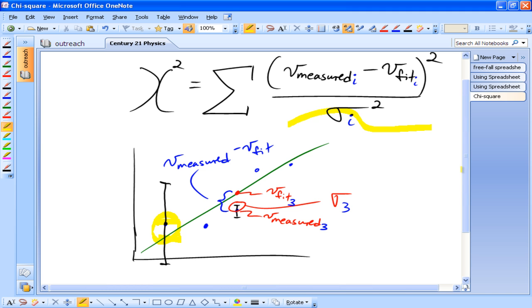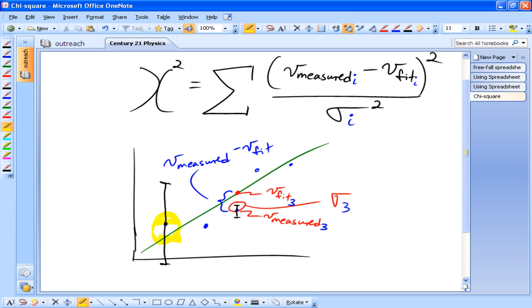And so this particular difference won't contribute as much to the total. On the other hand, the difference here is significant because the error in this particular data point is so low, so the fit should get closer to this data point. And that will be reflected in the equation because we'll be dividing by a small number.